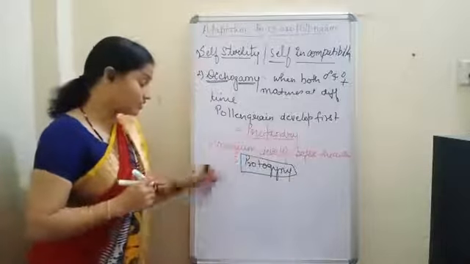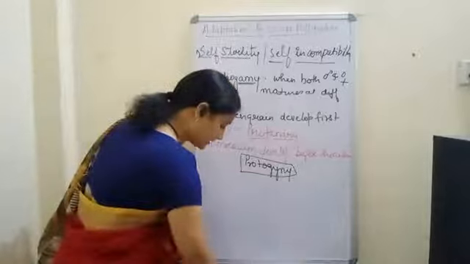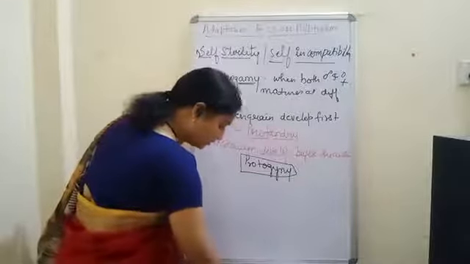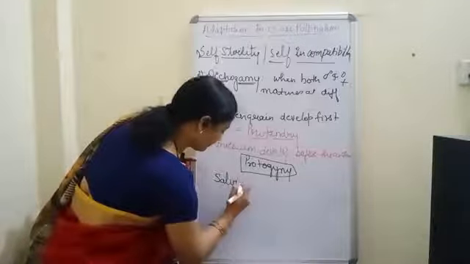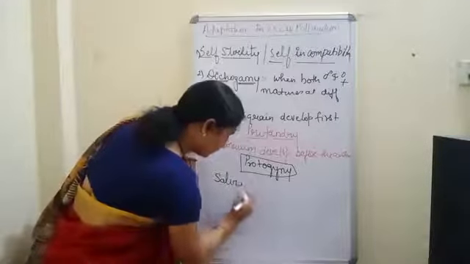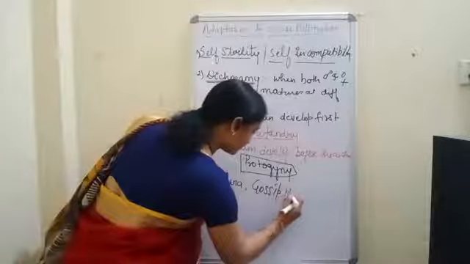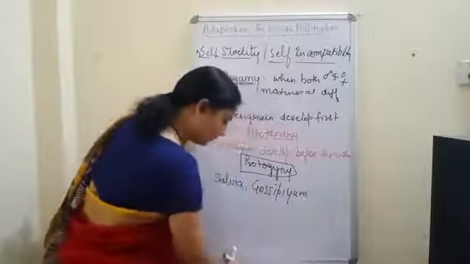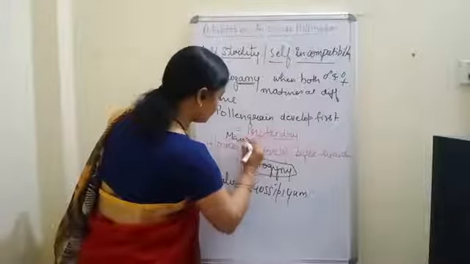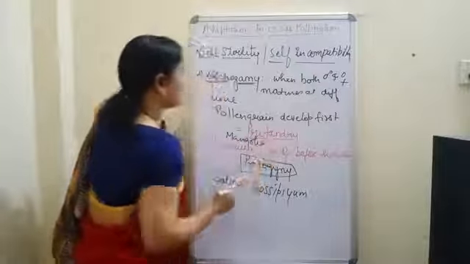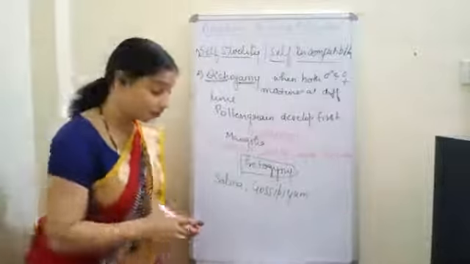So the two conditions are protandry and protogamy. And we have some examples for protandry and protogamy. For this we have the example of Salvia. Gossypium is also there. Clear? And here for this we have Magnolia. So these are the examples that show the condition of dichogamy.